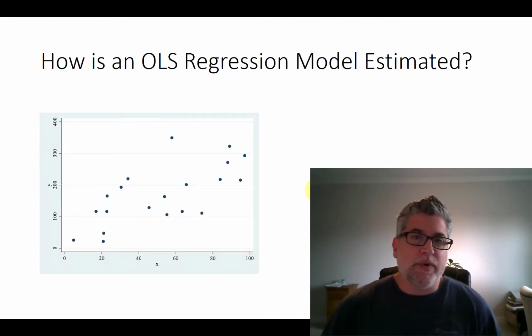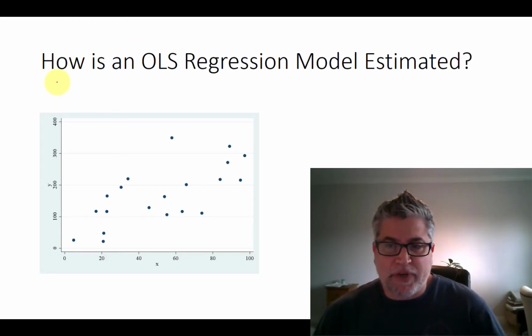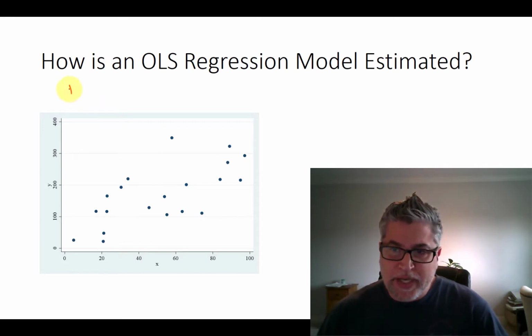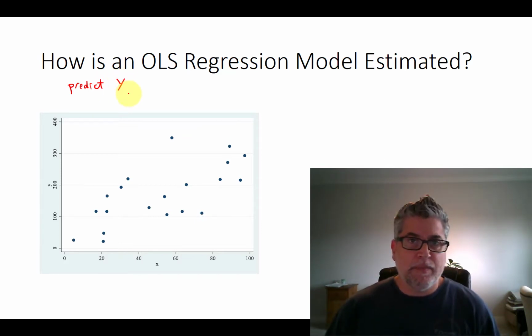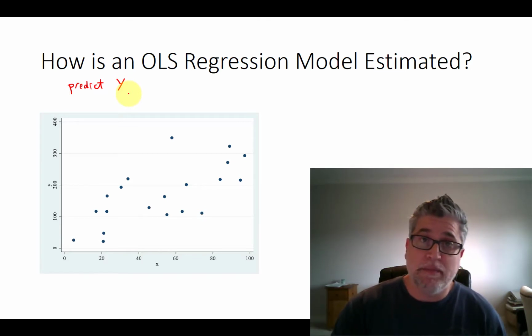The idea behind regression is that really what we're after is a way to figure out what affects y. We're trying to predict the level of y. X is pretty much just a means to an end. Our goal, our target is y.